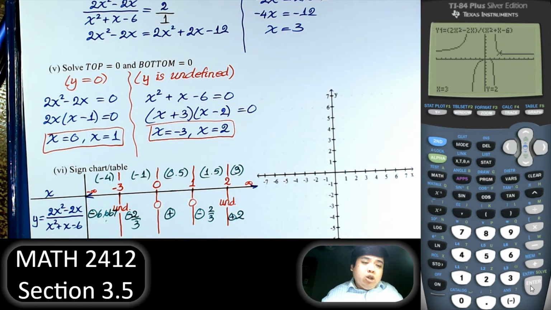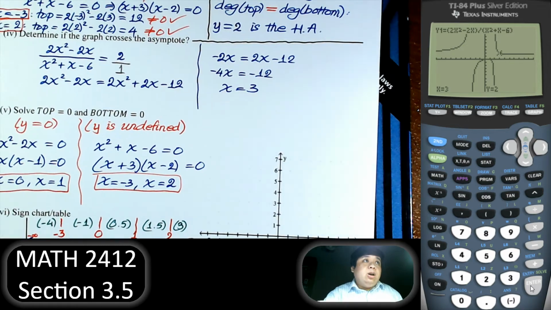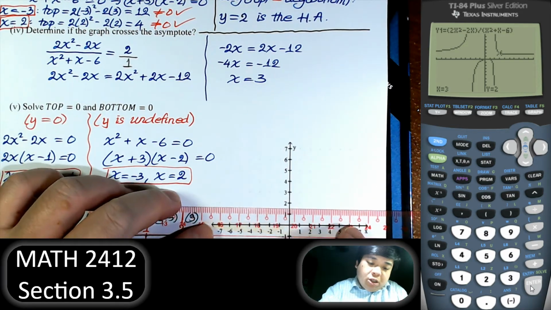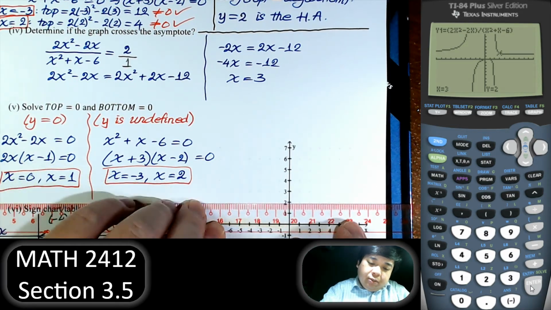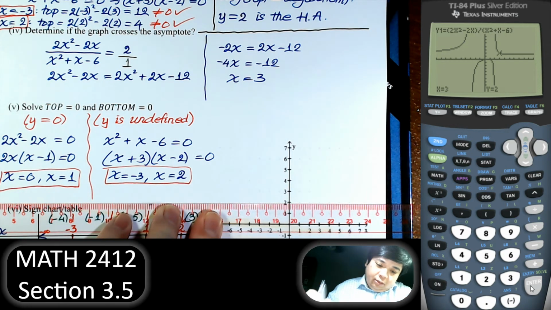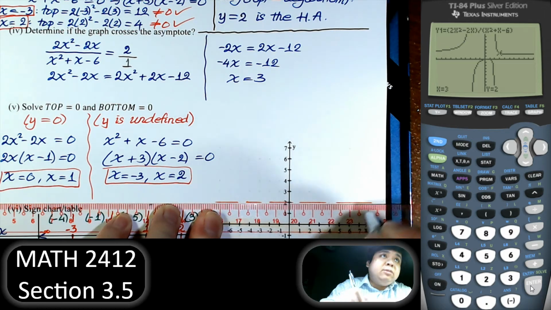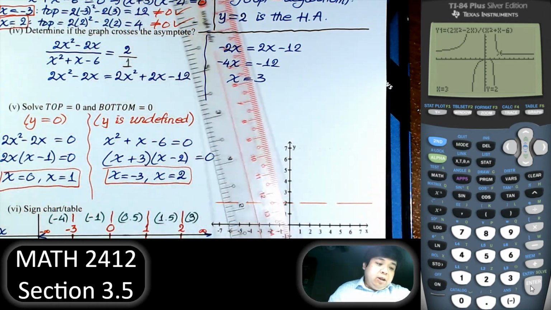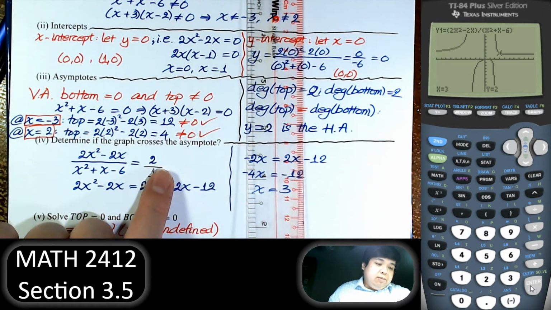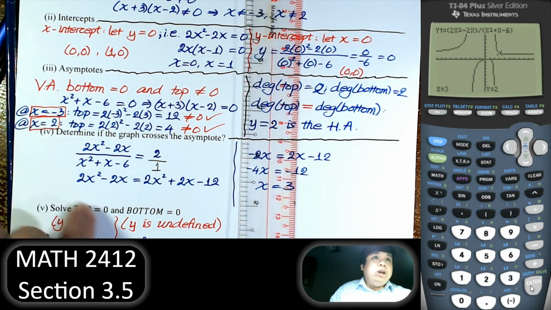Right, so put everything we have here. The horizontal asymptote is 2. The vertical asymptotes are at -3 and 2.